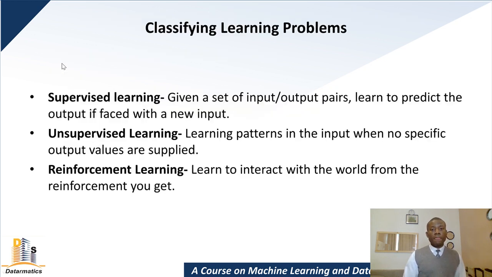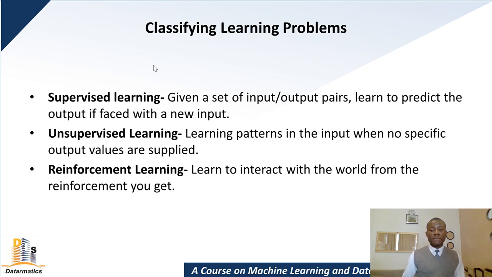All right, so we also have classifying learning problems. These are the three classes of learning problems that we are going to be working with. We have supervised learning. Supervised learning means that you have a set of input and output pairs, for instance X and Y, where Y is a function of X, or Y is a function of X1 and X2.